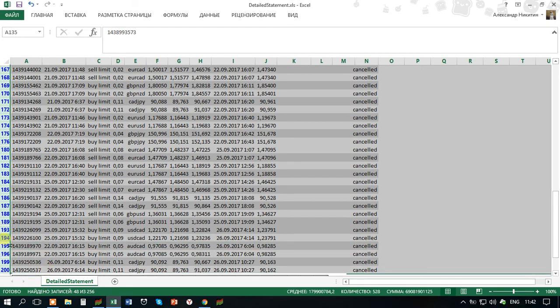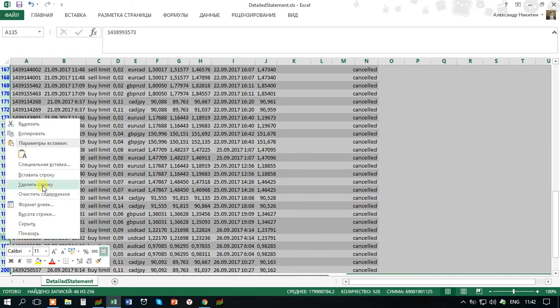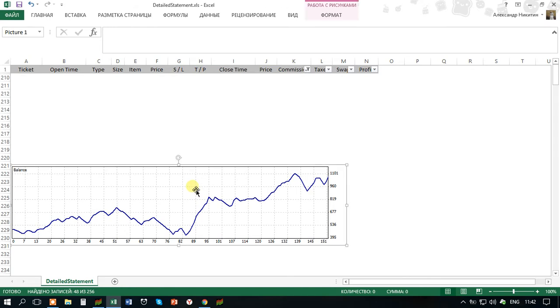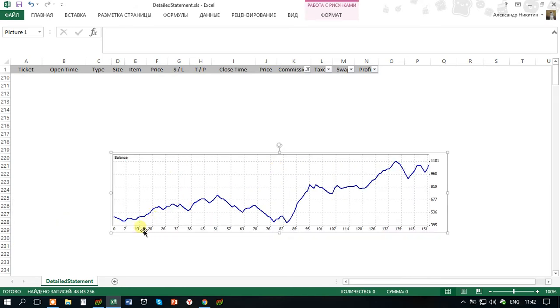Okay, done. Delete them all. We don't need this balance. If you wish, you may have a picture of it. I am right now in a drawdown, slightly recovered, almost at new highs, but I'm still officially in a drawdown.